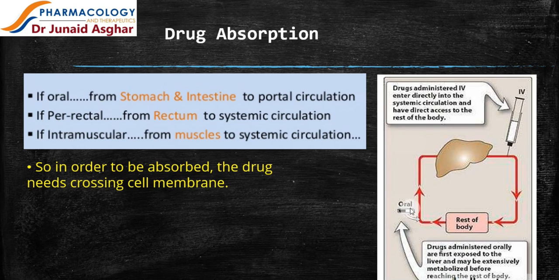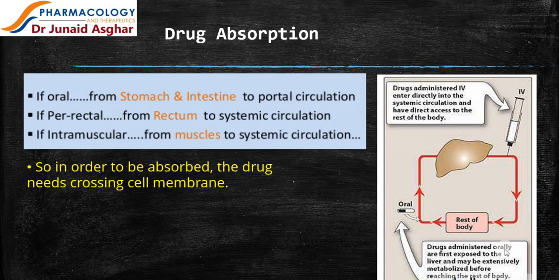We have an oral dosage form and an injectable dosage form. Let's talk about the oral dosage form first, which is a capsule here. So when it is taken orally, it enters into the portal circulation, which takes the drug into the liver first, which then delivers it into the systemic circulation, and then it reaches the rest of the body.